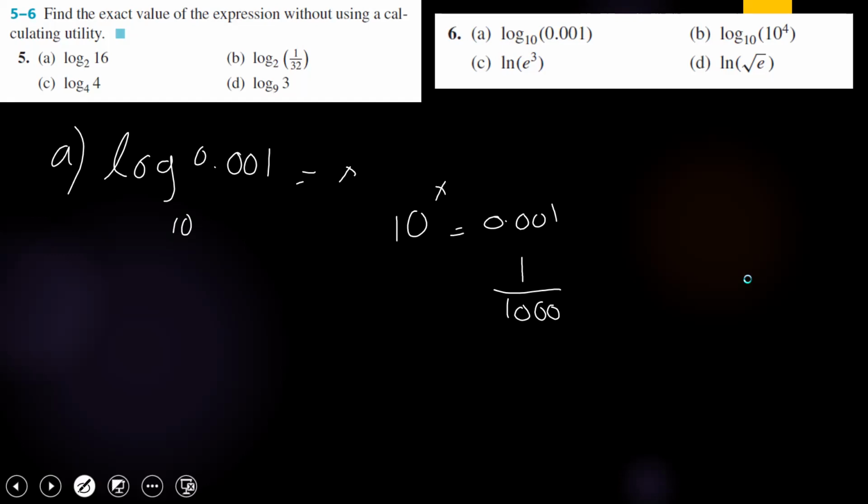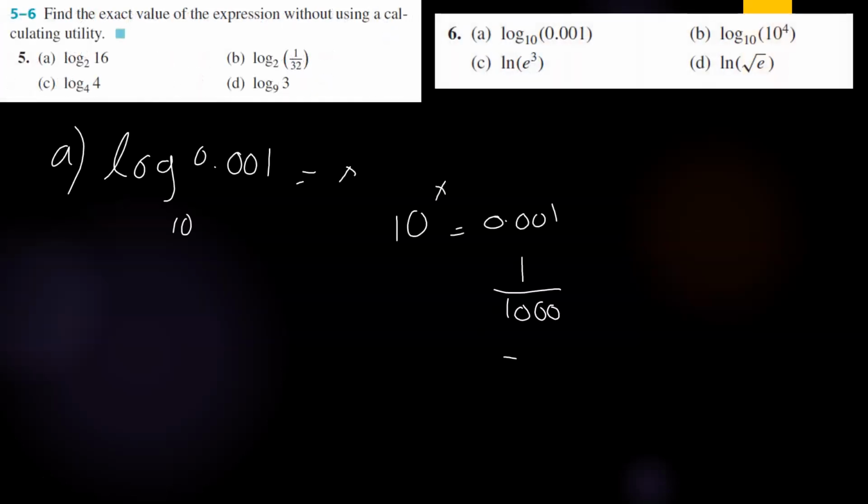So it is 1 over 10 to the power 3, and that is 10 to the power negative 3. So I can write 0.001 as 10 to the power negative 3.